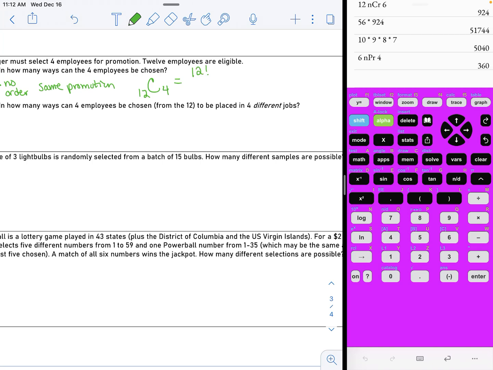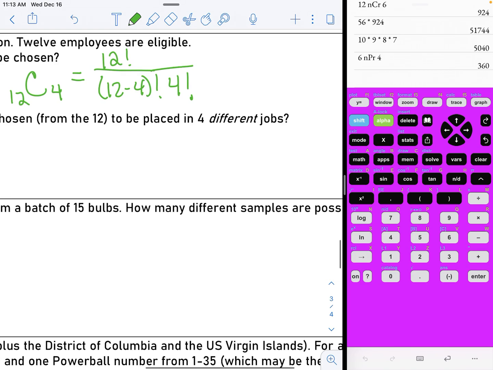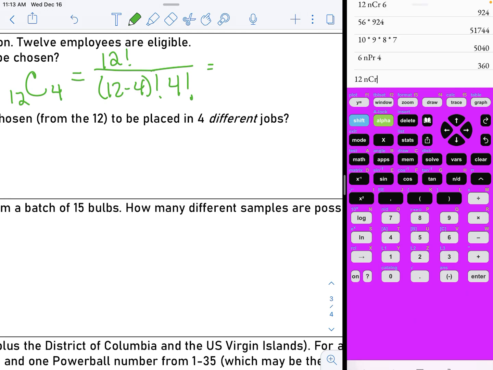So that's 12 factorial over 12 minus 4 factorial with the extra 4 factorial in the bottom. Remember, combination does the extra little part in the bottom. So let's just use that little cheating feature in our calculator. Combination, and that's going to be a 4. So I get 495 there.